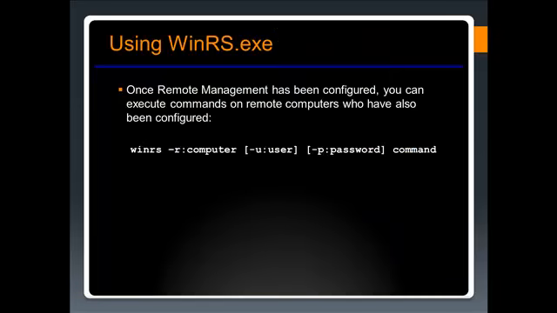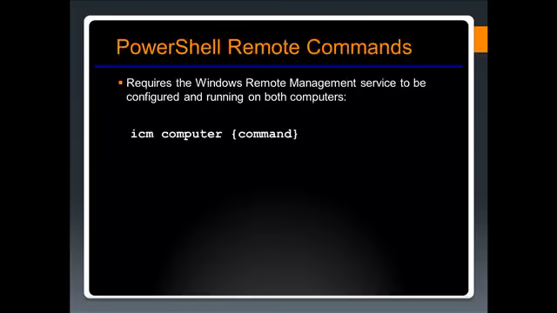You can even then use WinRS, which is a command line tool that will allow you to remotely execute on the other user's machine. A bit deprecated these days because, who wants to do a lot of this from the command line? But it's been around forever, and it works. You can also remote with PowerShell.